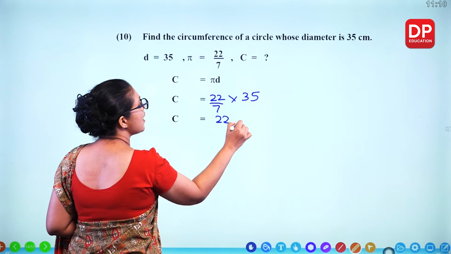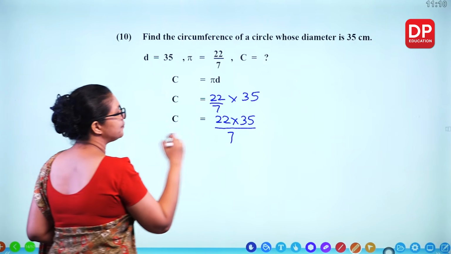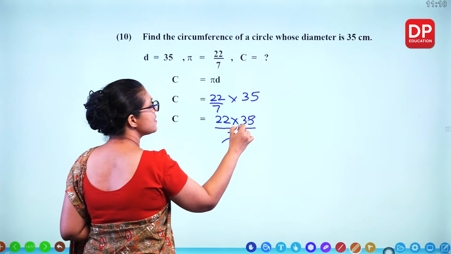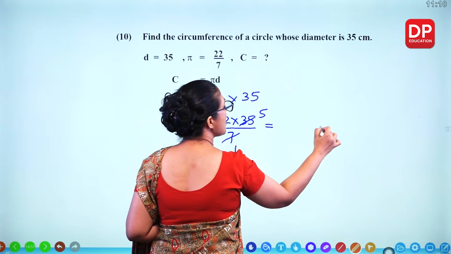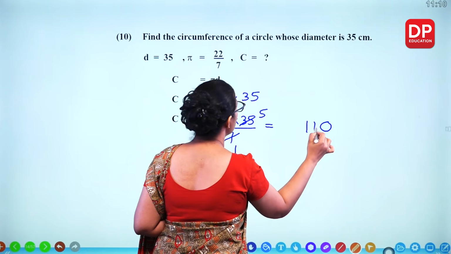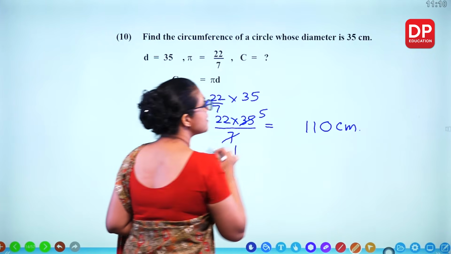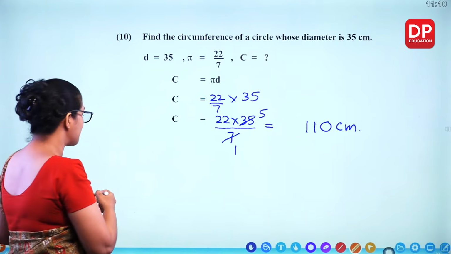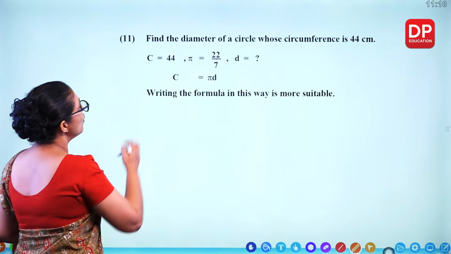You can multiply the numerator separately and denominator is 7. 7 times 1, 7 times 5. 22 times 5. 5 times 2, 10. 5 times 2, 10 plus 1, 11. So what's the unit? Centimeters. So 110 centimeters.